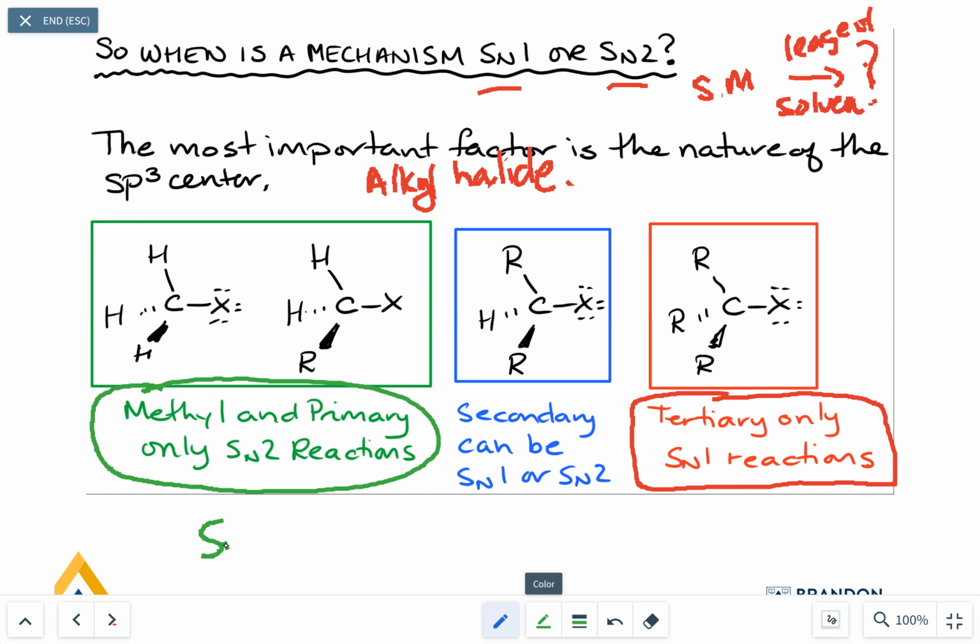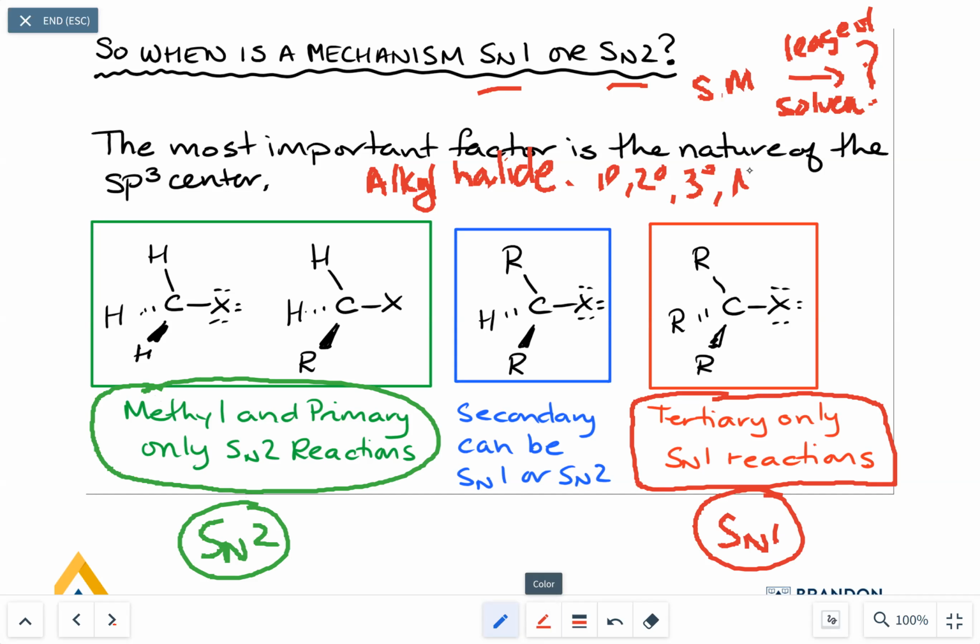So our first decision is going to be, we are going to look at our substrate, our alkyl halide, and see, is it primary, secondary, tertiary, methyl? And our first decision is going to be, okay, if it's primary, well, it has to be SN2.